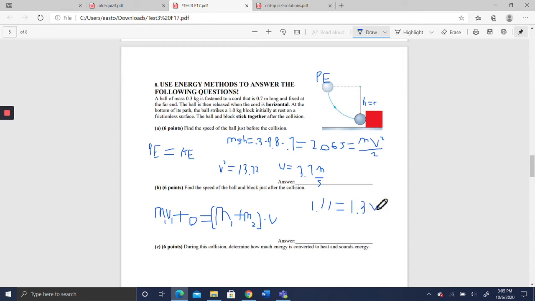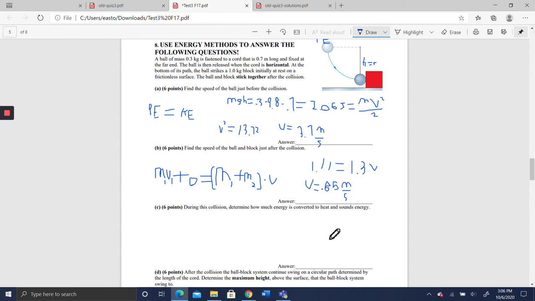So divide that by 1.3, and we get our answer: our new speed is 0.85 meters per second. And that's our answer there.